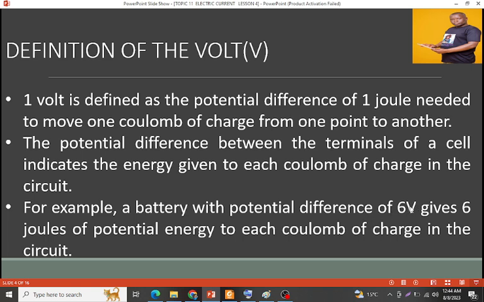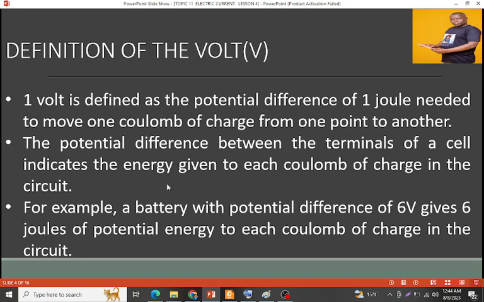What that means is that the cell or battery is capable of providing 6 joules of energy, potential energy, to each charge in the circuit. So that's how we define a volt. A volt is simply the potential difference of 1 joule needed to move 1 coulomb of charge from one point to another.